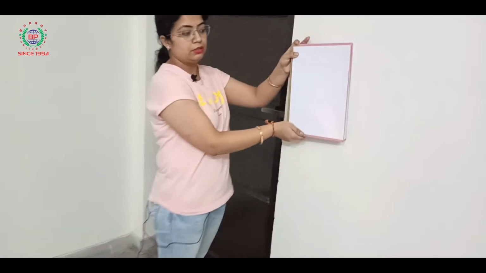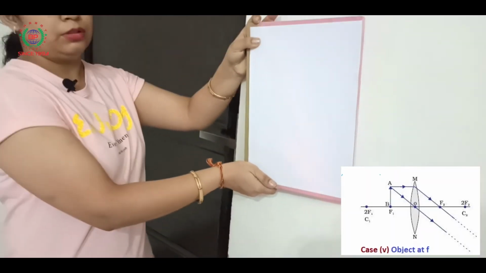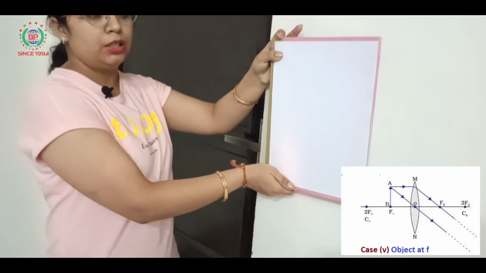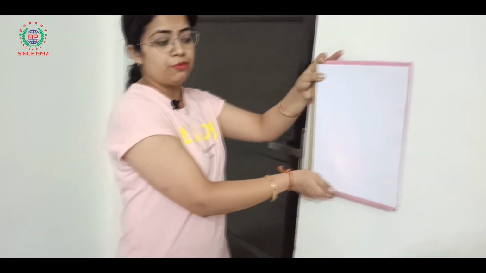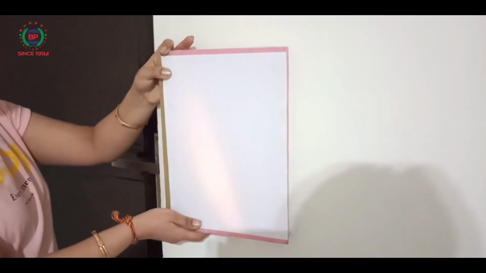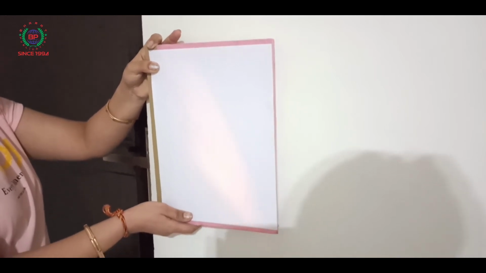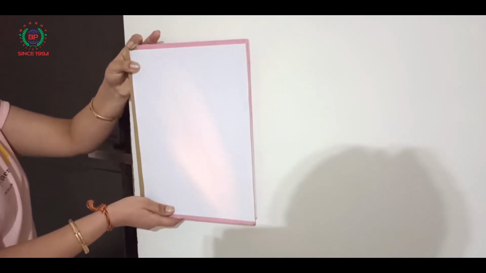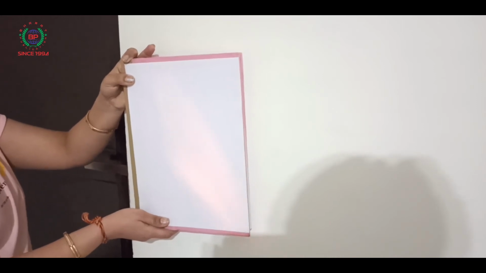Okay, it is inverted also, and it is very far away from the optical center. We can say that it is just forming at infinity. So we have dimmed the light for you. See, the image is very enlarged in size. It is going out of the size of the screen, and this point is approximately considered as infinity.